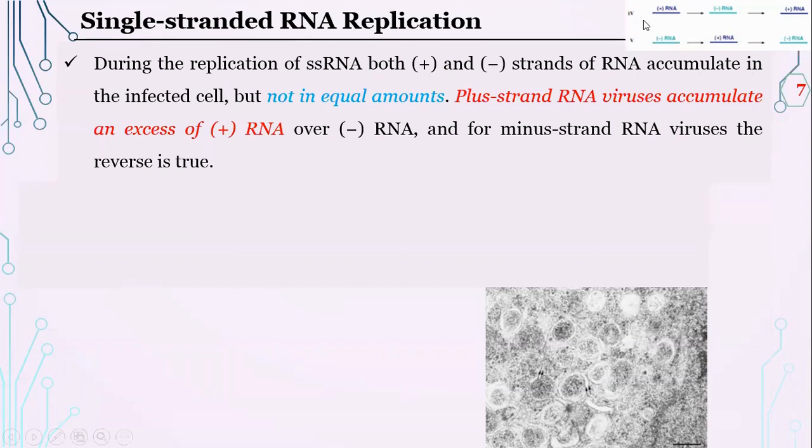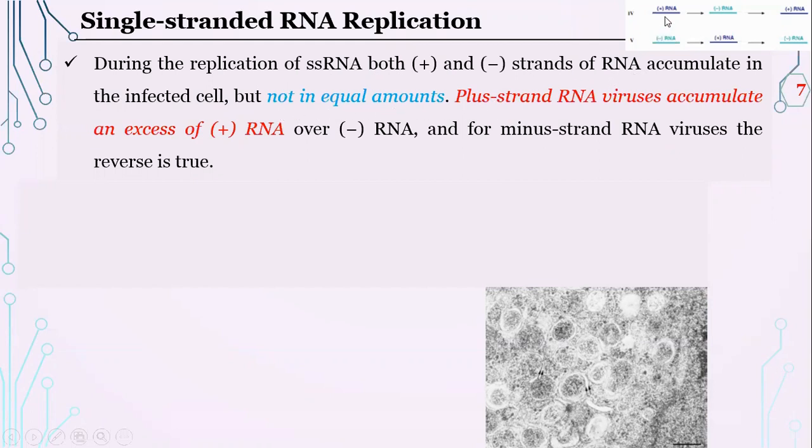So in class 4, both the plus and negative sense RNA will accumulate in the cell, even though the virion is composed of plus strand. And in class 5, both positive and negative will accumulate, even though the virion contains the negative sense strand of RNA. But during replication, both of them will accumulate in the infected cells, but not in equal amounts. This is important.